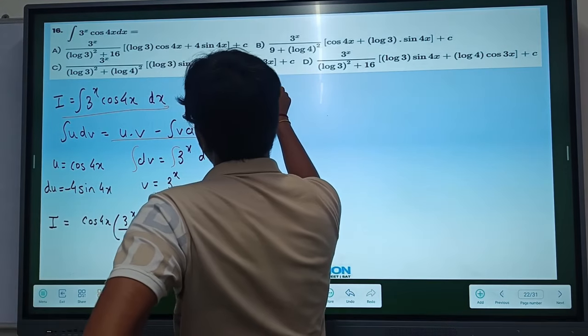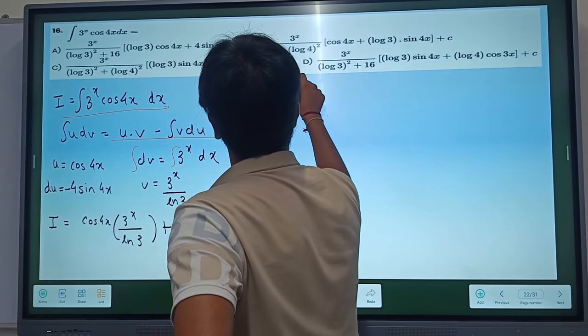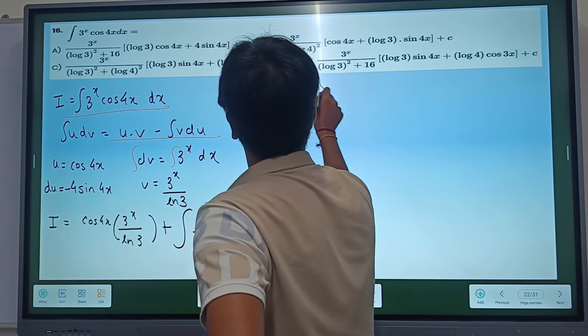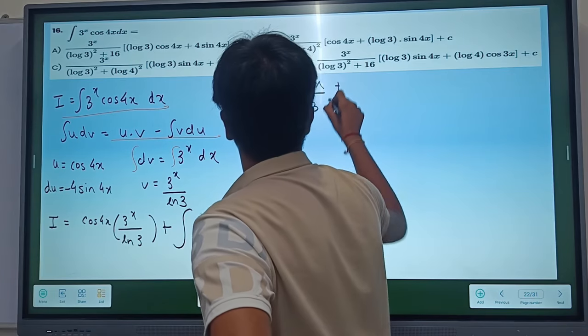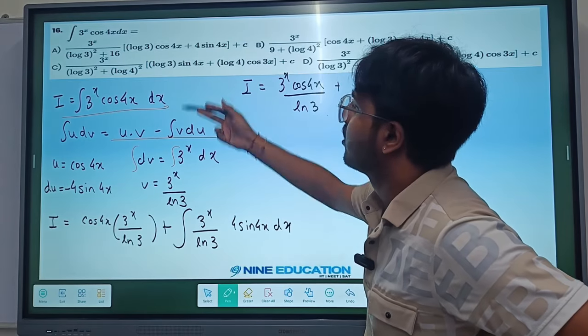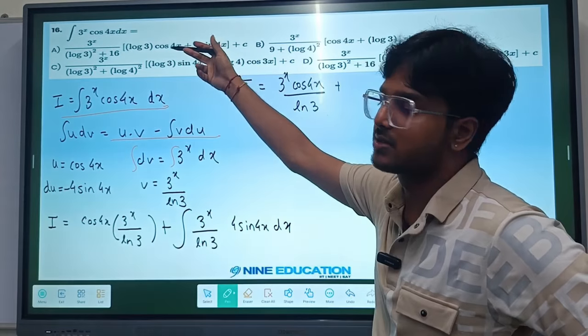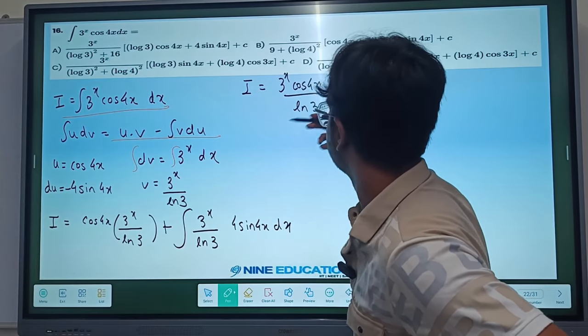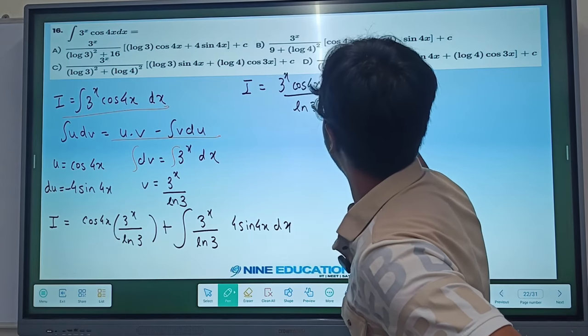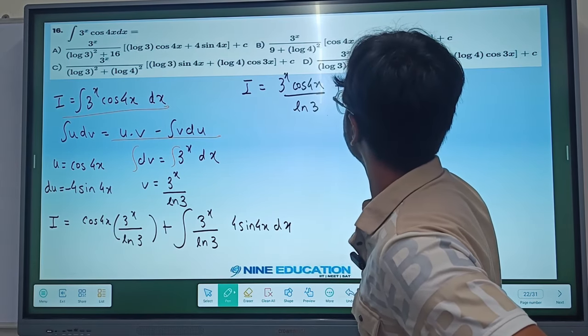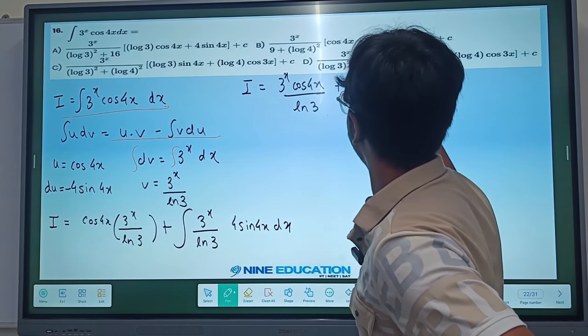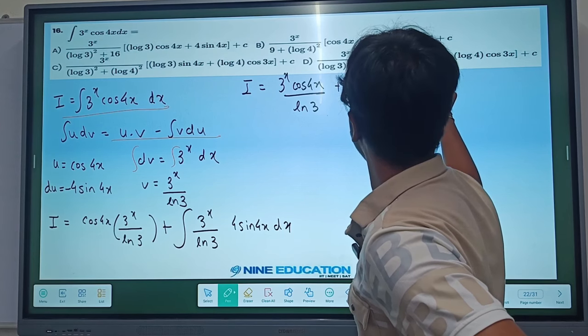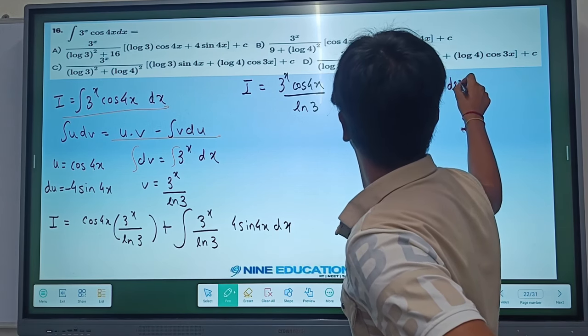So I would be equal to 3 power x cos 4x divided by ln 3, where ln is log base e, plus, if I take constants outside, 4 by ln 3 integration of 3 power x sine 4x dx.